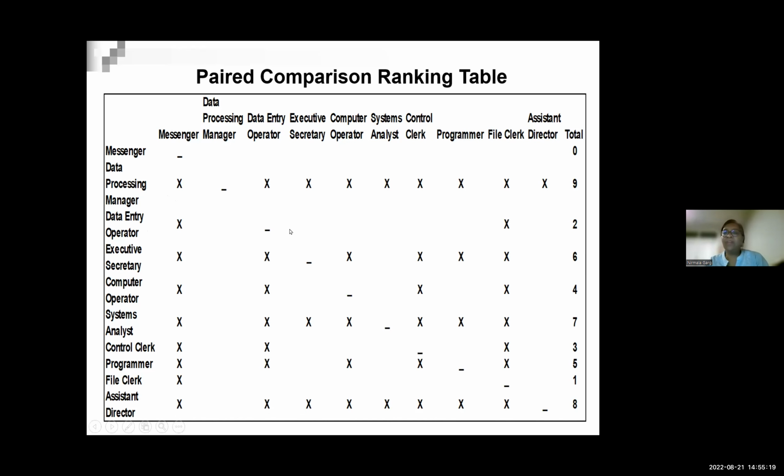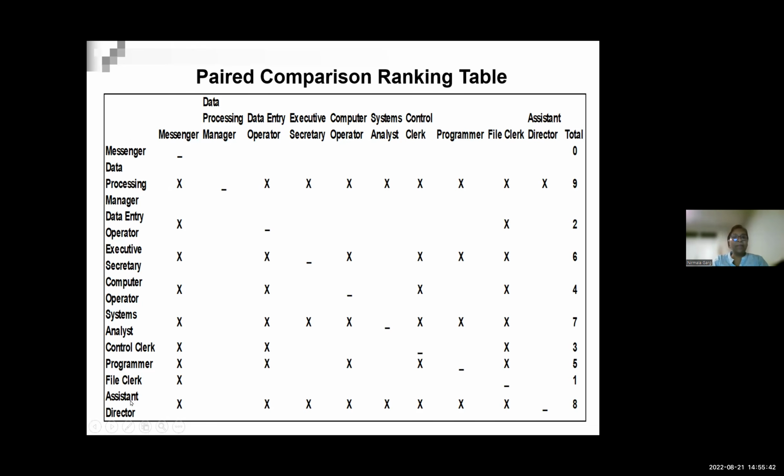Then again, if you see the rest of the jobs, it is lower, so nothing. Again, data entry operator is higher than a file clerk, so a cross mark. Likewise, you start doing this for all the jobs. So this is called a paired comparison method of ranking.